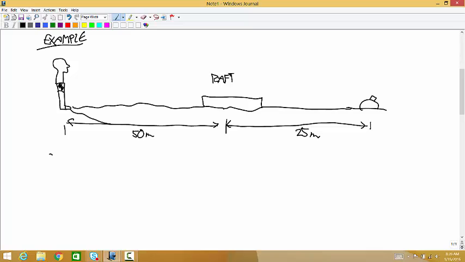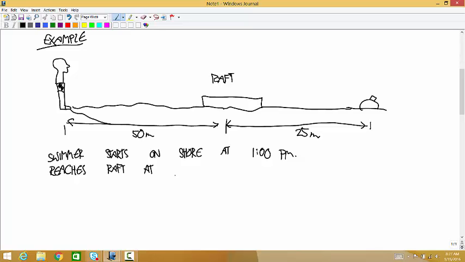And let's say the swimmer starts on the shore at 1 p.m. You don't want to do this in the middle of the night. And reaches the raft at 1:02.